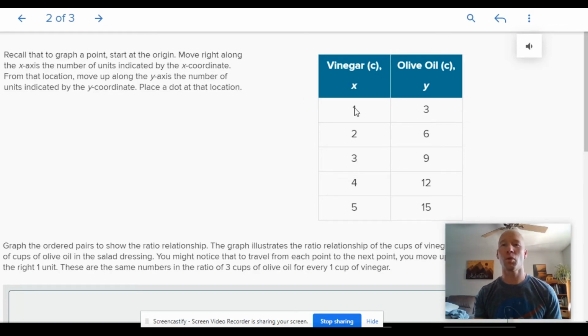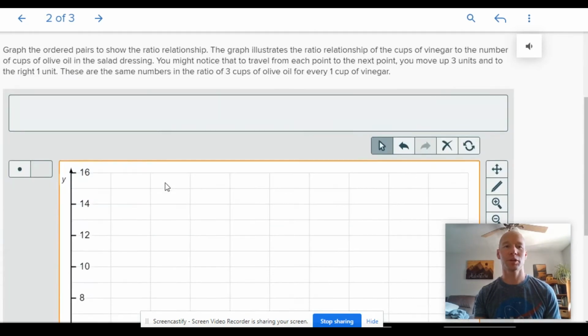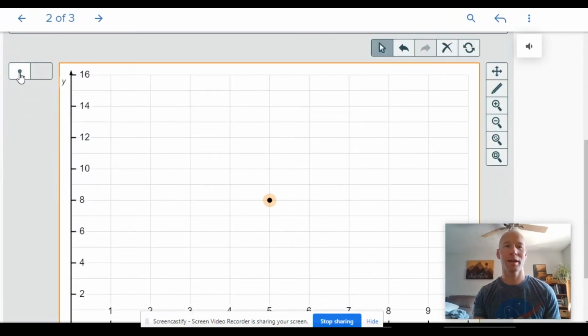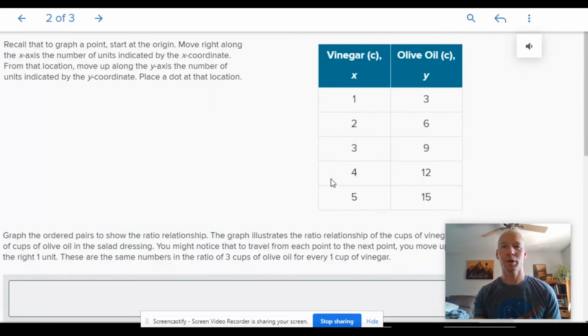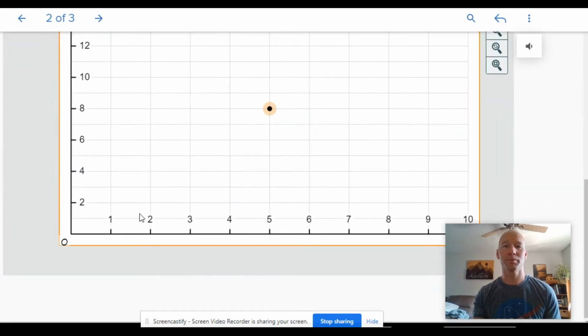So our first ordered pair is 1 cup of vinegar for 3 cups of olive oil. So I'm going to go down here. I'm going to add a dot. Is that right? 1 cup of vinegar for 3 cups of olive oil.